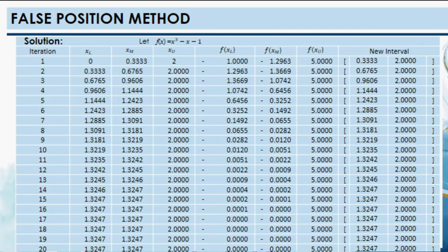1.3247 and 2. So, dito class, isa sa characteristics ng false position method is yung isang kanyang limit, pwedeng x sub L, pwedeng x sub U. So, mula umpisa hanggang sa dulo ng iteration natin is the same. So, dito sa given na equation natin, sa x sub U siya nagkamukha-mukha. So, yung f of x sub U natin din is pare-parehas din.